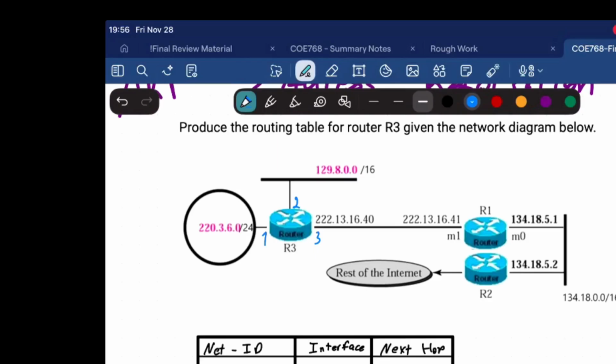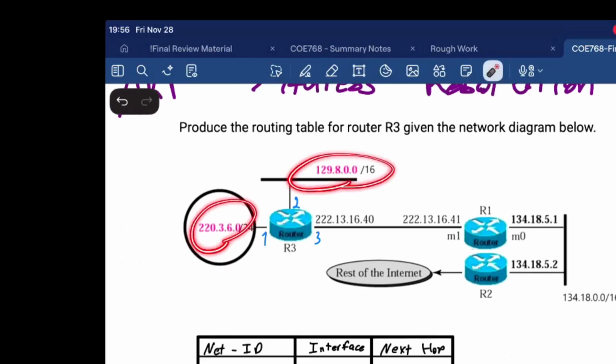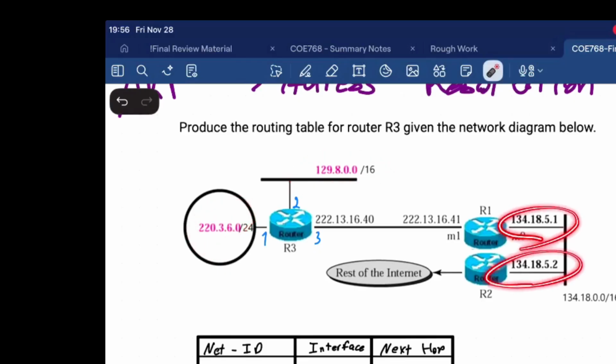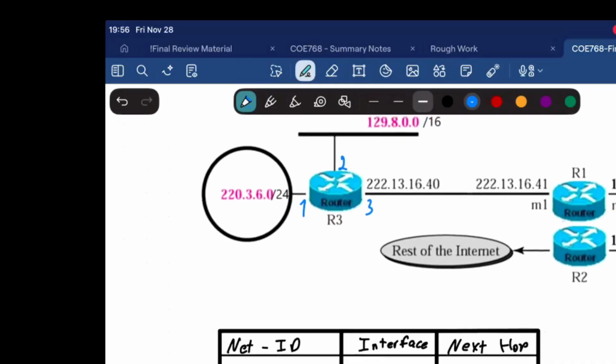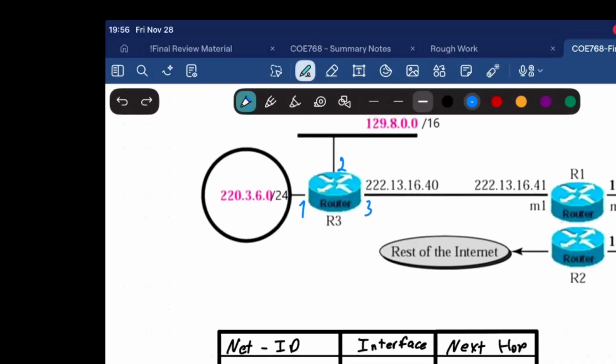So we have these four networks, which as of now are ambiguous to R3. R3 doesn't know exactly what that is. So it starts mapping everything out. The first thing that it will do is check on its interfaces what is connected. So we'll start with interface 1. We know on interface 1 there is a network address that is 220.3.6.0/24.